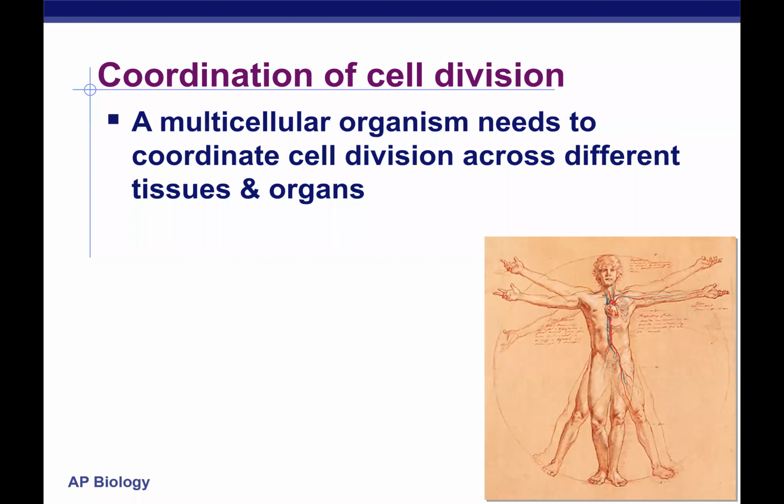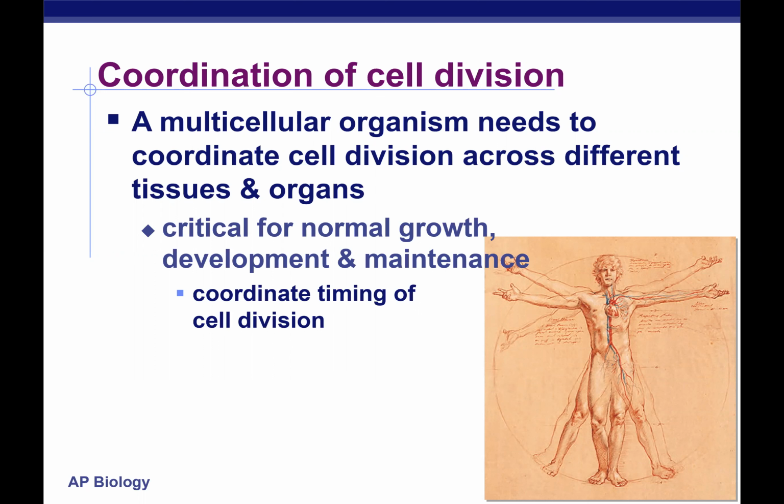Cell division is a process which is required for normal growth and developmental process, and for the maintenance of an adult body. But this division of an adult mature cell is highly coordinated in terms of timing, when a cell has to divide, and also how many times a cell has to divide.